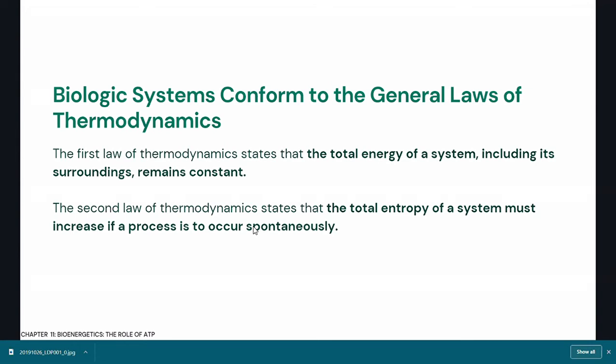Collision theory, right? So if you increase the entropy, a process is to occur spontaneously. If you have two molecules with high entropy, then a chemical reaction can occur spontaneously. Right? Yes or no?